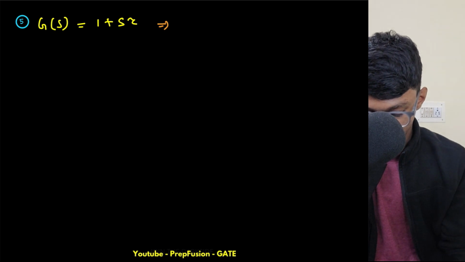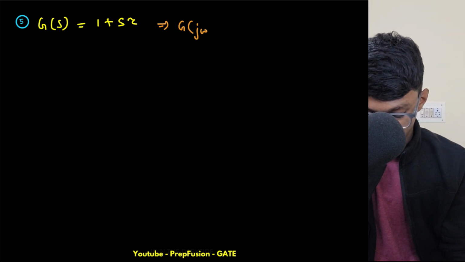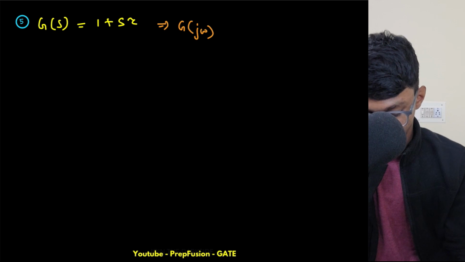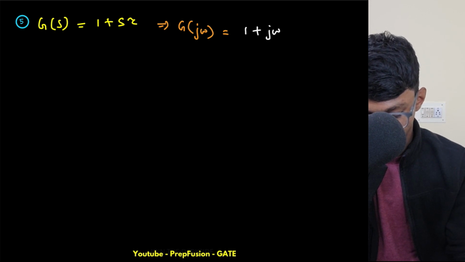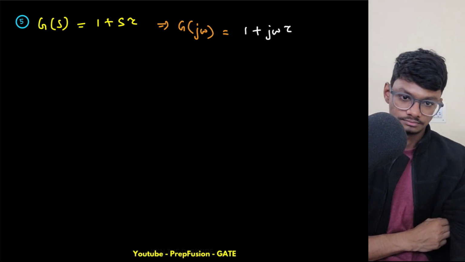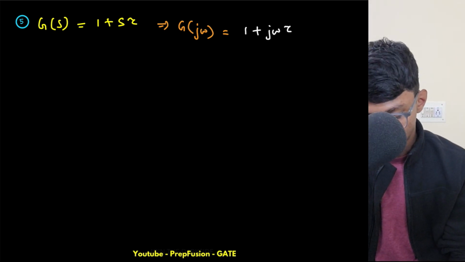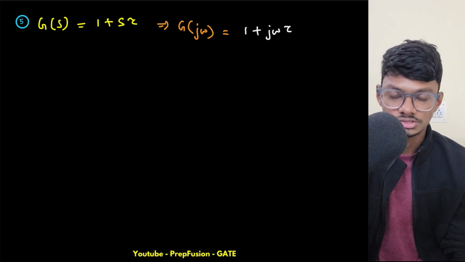So if I replace g of j omega, it is 1 plus j omega tau, then what will the magnitude function be?